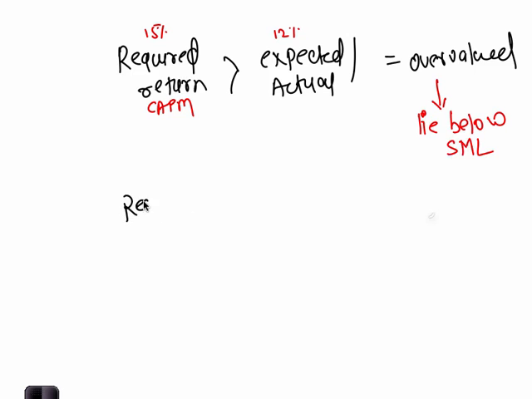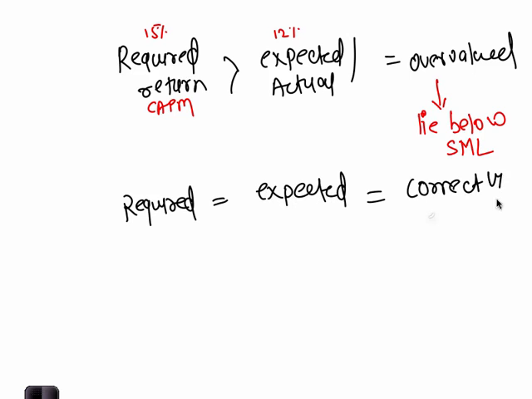If required return is the same as expected return, then it is correctly valued. And in that case, it will lie on the SML. Then we are going to be on the line. We should earn 15% and expected is also 15%.